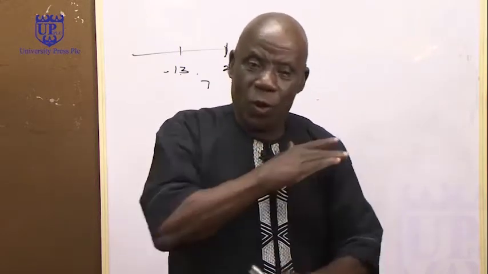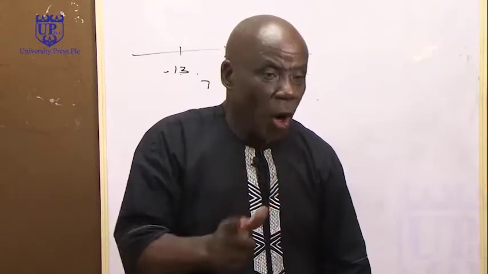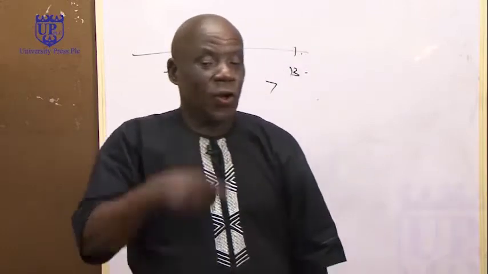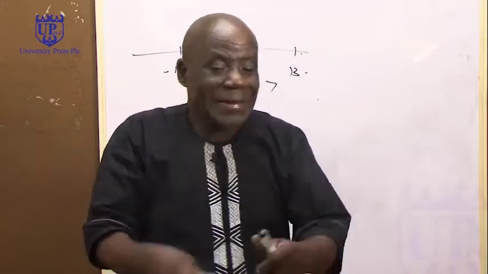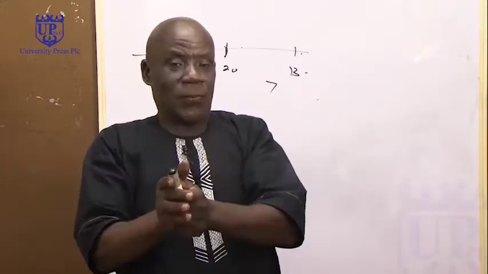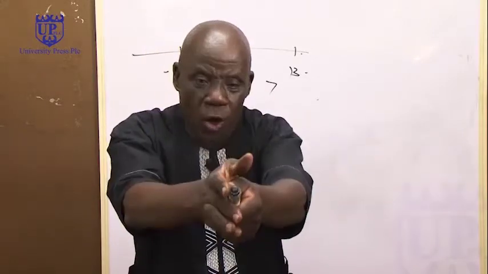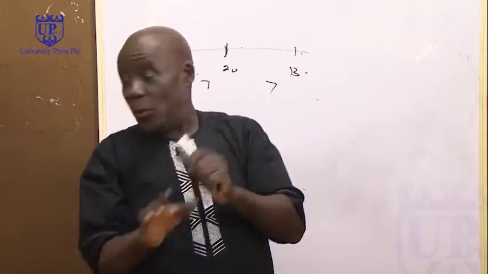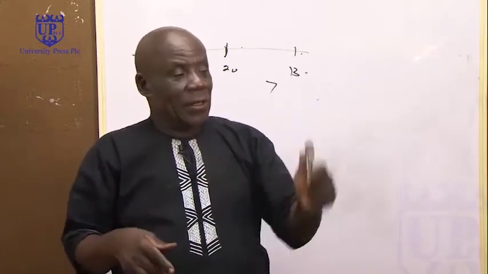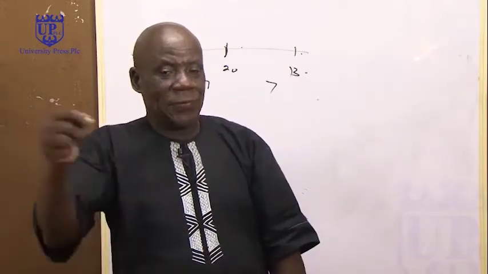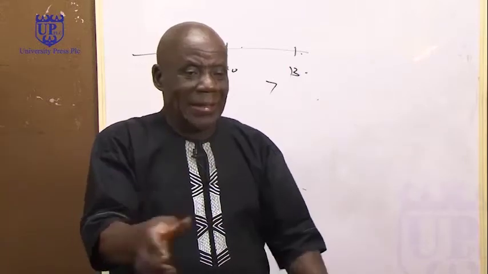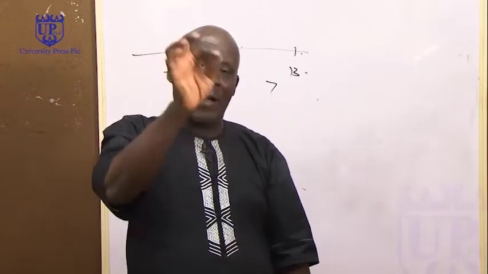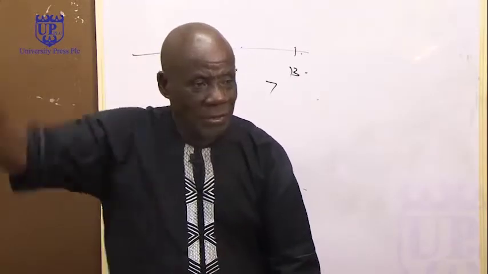You are talking of a positive number, but your movement involves the distance you cover and the direction you are moving; you can move forward or backward. So please take note, because there are some questions in your OBJ, they will say find the positive difference, or find the difference. So you will not be surprised when you are given -7 or 7.